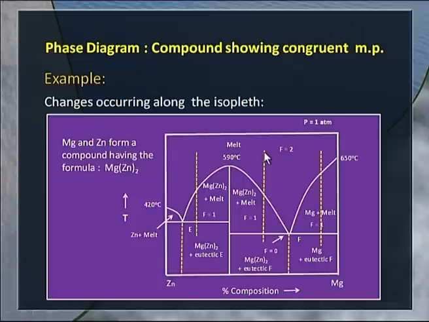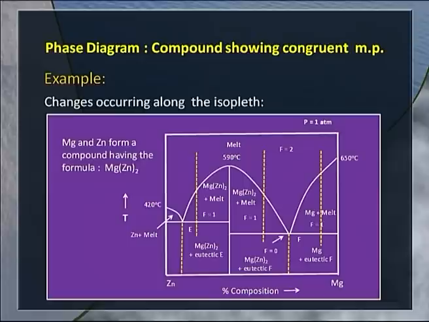So if you look at it from the other end, on the right hand side of the peak corresponding to the compound, similar changes can be brought about. Here again, the solid that separates out is the compound and the melt is in equilibrium, and you are permitted to cool down the system. The melt composition drifts towards the other eutectic point, and then you will ultimately reach the temperature corresponding to the second eutectic point that is present in the system, at which the system becomes invariant again.